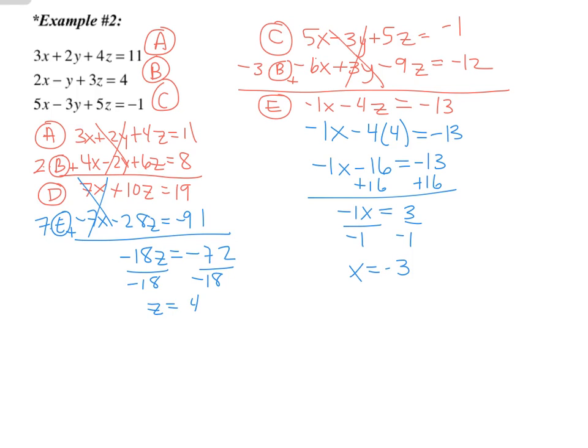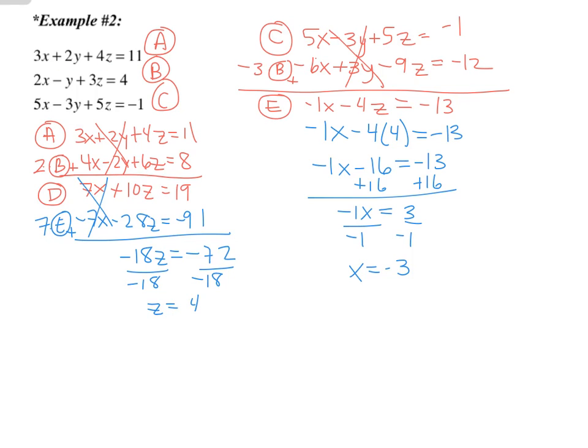And I'm going to plug those 2 values into one of the original equations. It doesn't matter which one. All 3 should give me the same answer. If they don't, I've done something wrong. We have to solve for y, so any of them I'm going to end up dividing.